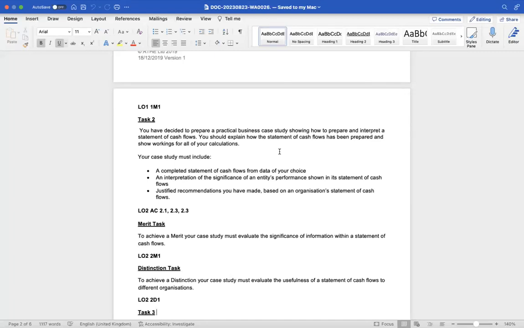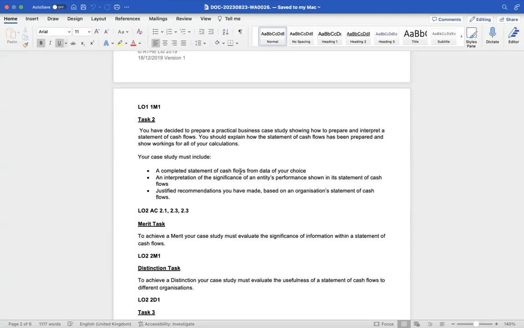So, creating a practical case study and credit control report. In this section, you will go through the process of preparing a practical business case study that demonstrates how to prepare and interpret a statement of cash flow.